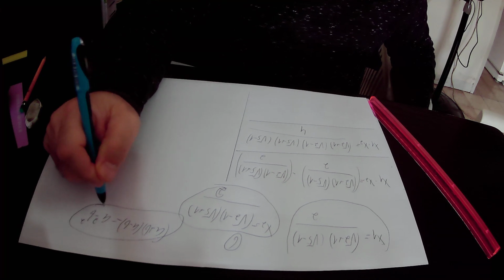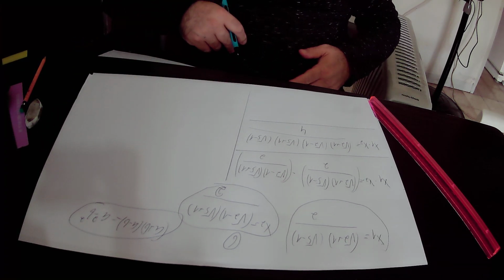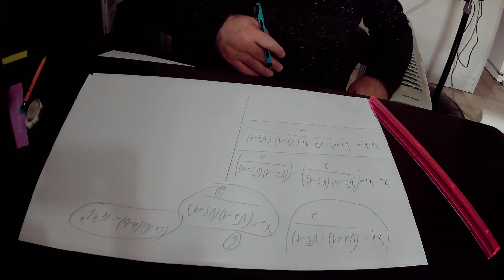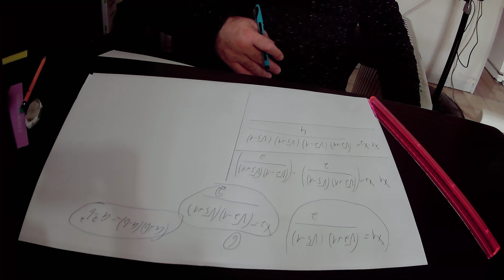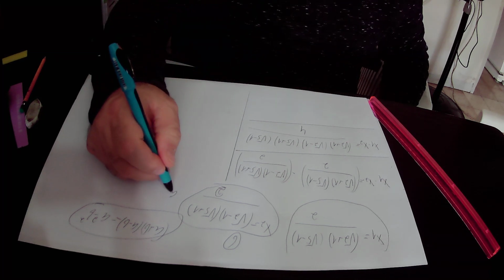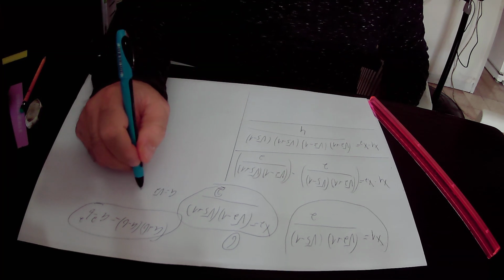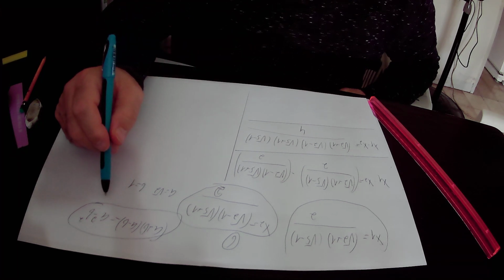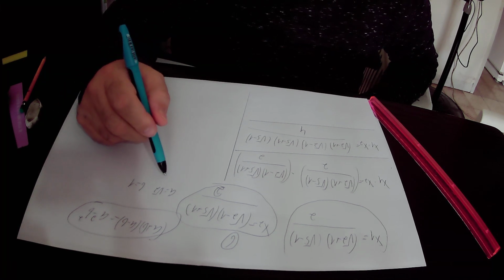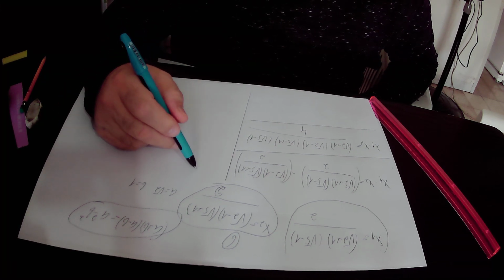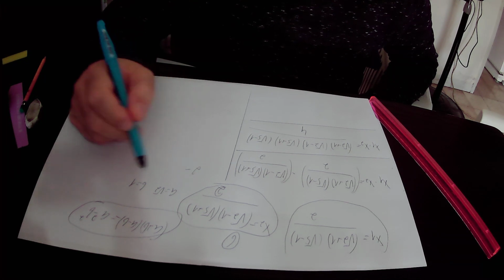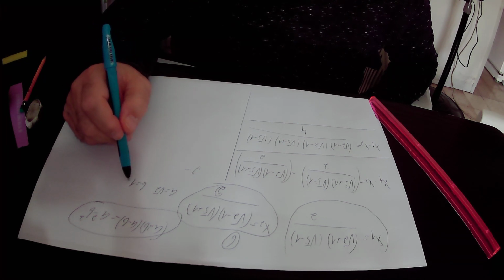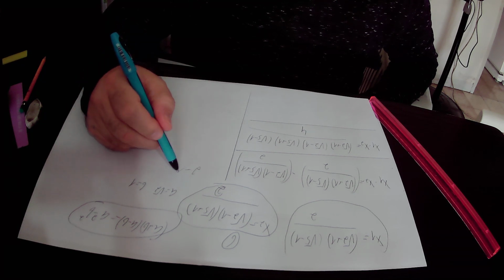In square root of 2 plus 1 times square root of 2 minus 1, a equals square root of 2, b equals 1. So it will be equal to a squared, square root of 2 squared is 2, minus b squared. B is 1, so b squared is 1, so it is 2 minus 1.